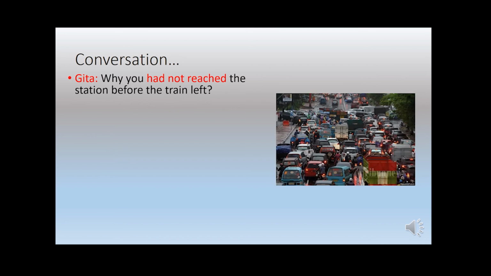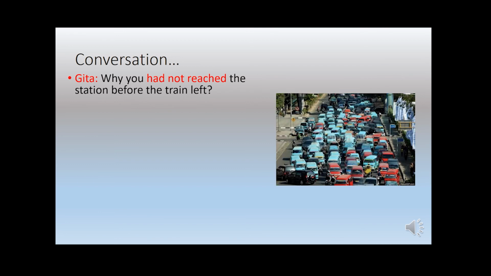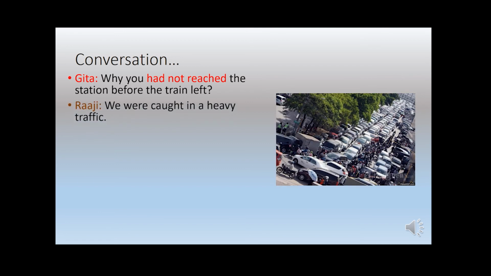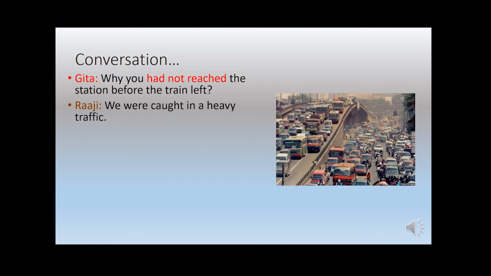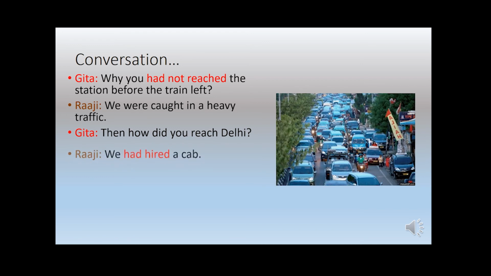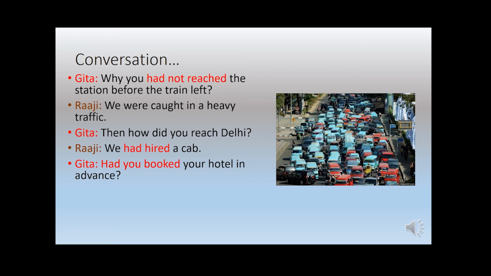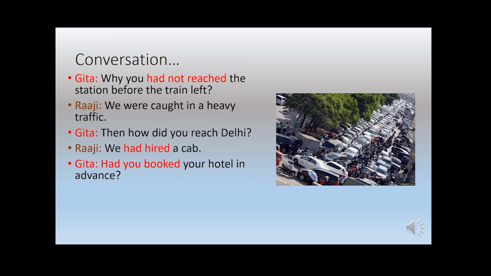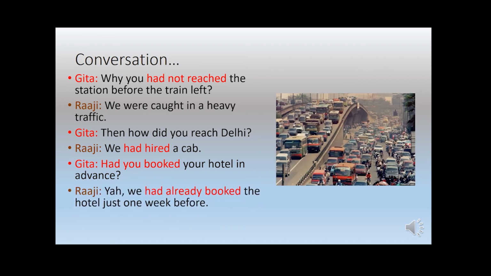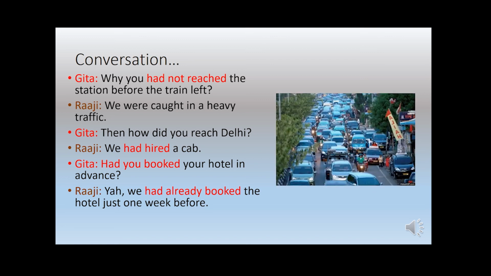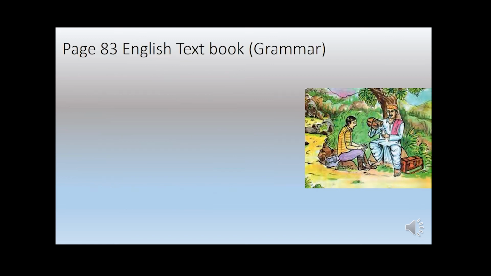Geeta: Why hadn't you reached the station before the train left? Raji: We were caught in heavy traffic. Geeta: Then, how did you reach Delhi? Raji: We had hired a cab. Geeta: Had you booked your hotel in advance? Raji: Yeah, we had already booked the hotel just one week before.